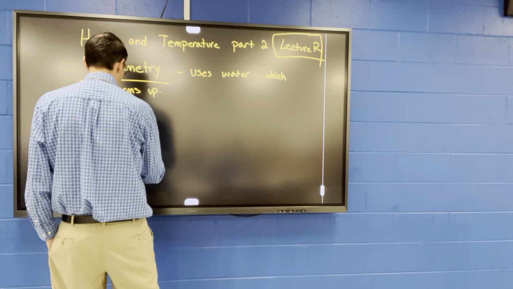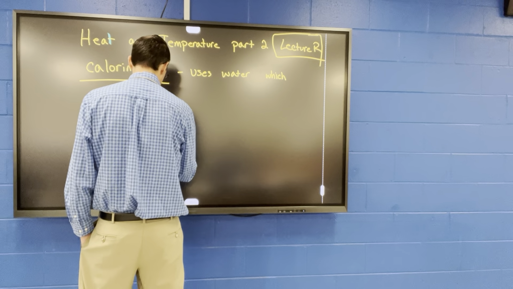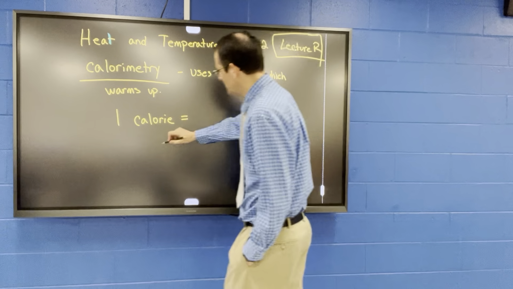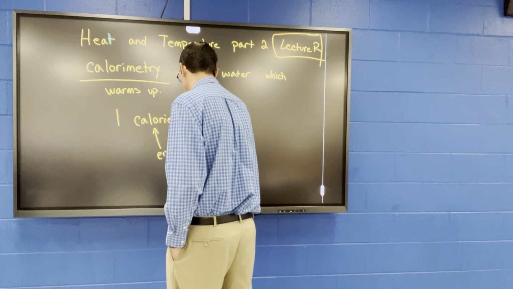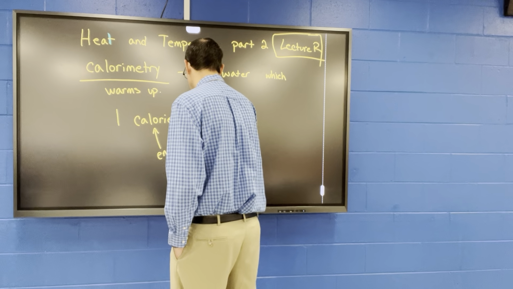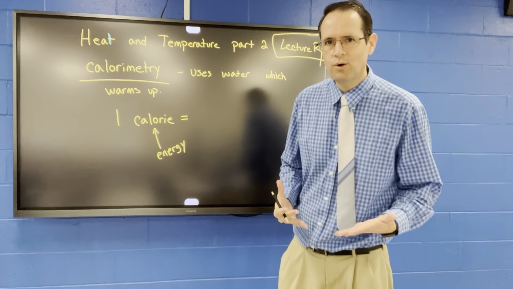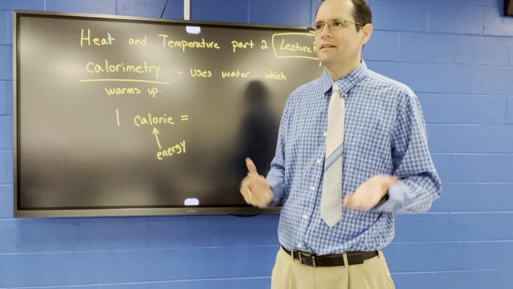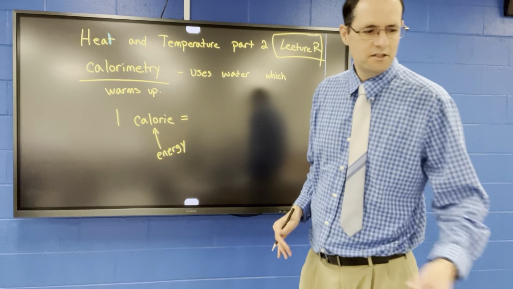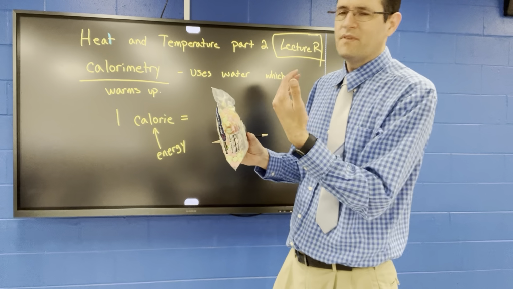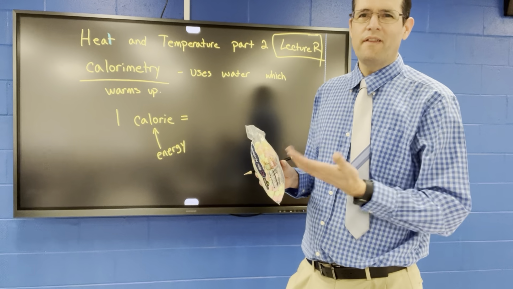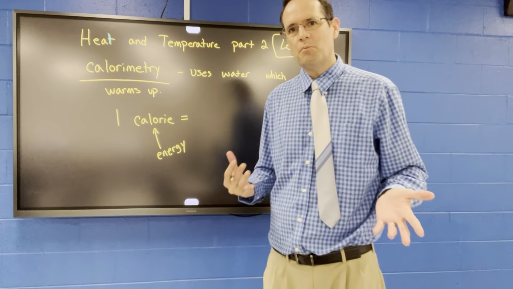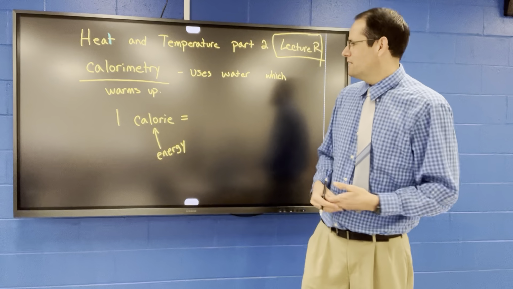So remember again that 1 calorie is a unit of energy. This is energy. When you're feeling low energy, you need to eat a candy bar or something to get your energy back, right? This is the same kind of energy we're talking about. There are sugars in the marshmallow that have particular chemical bonds that, when metabolized by our body, release energy.